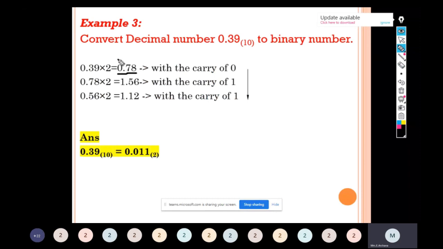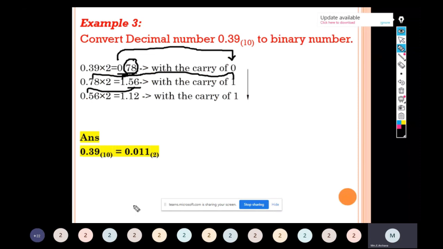It consists of an integer part as well as a fractional part. The integer part is taken as a carry. Only the fractional part is taken for the next step. So 0.78 times 2 is 1.56. The integer part 1 is taken as a carry, and the fractional part 0.56 is taken again. 0.56 times 2 is 1.12, and 1 is taken as a carry.